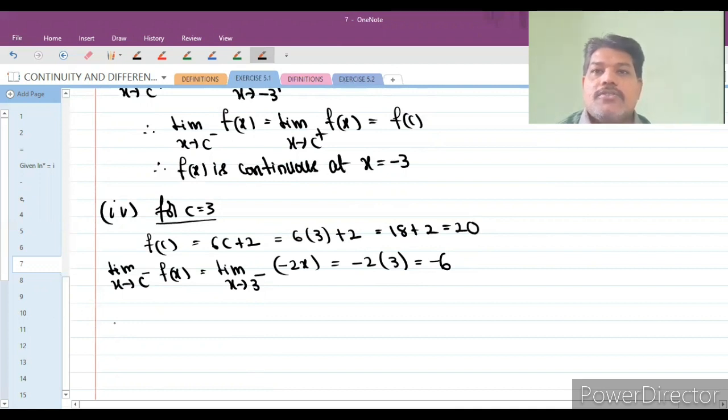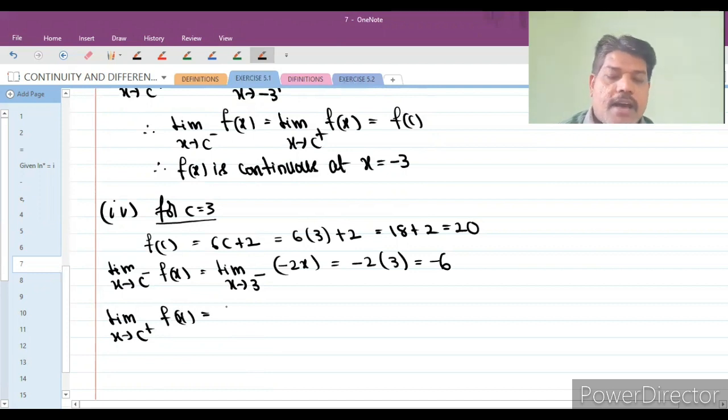I understand that. So similarly, we can calculate the right hand limit also. Limit x tending to c plus f of x. What happens? C plus meaning, as I already told, c value is 3 only. So 3 plus f of x. See that one, x greater than 3.